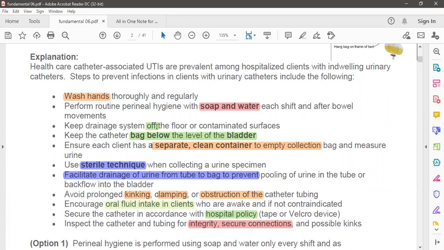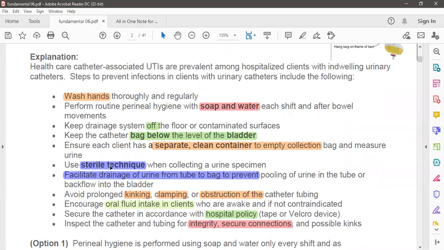Keep the catheter bag below the level of the bladder, like the picture we saw before. Ensure each client has a separate clean container to empty the collection bag and measure the urine.